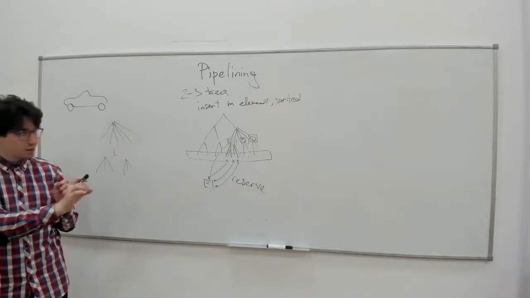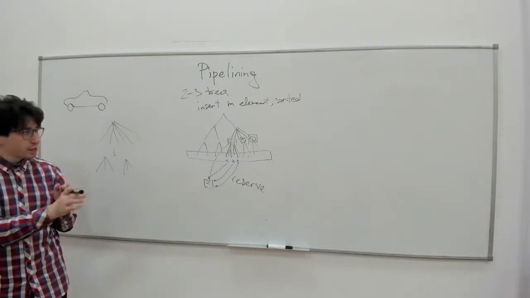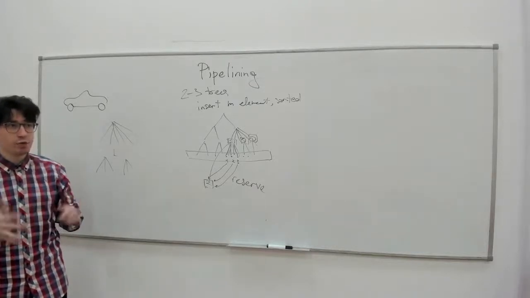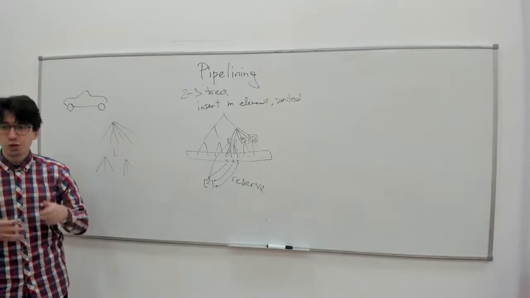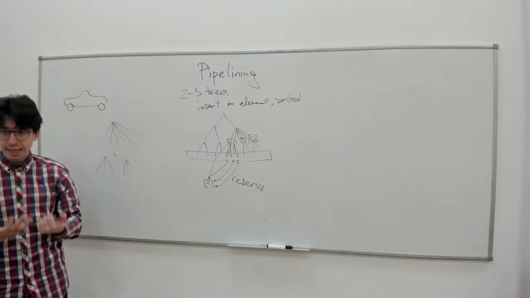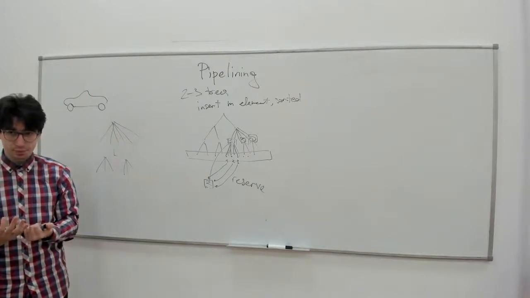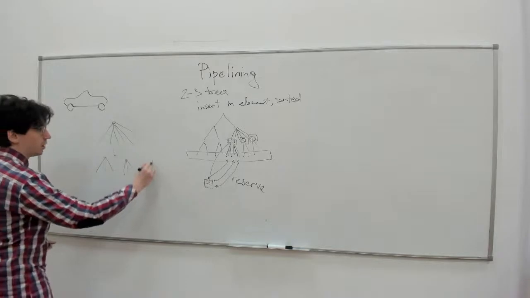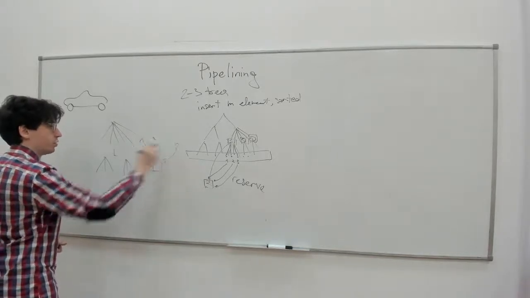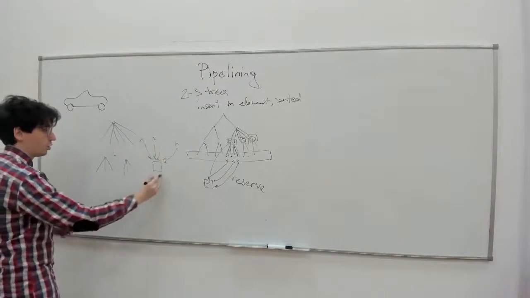This is not very good because, for example, if you have n processors and you want to write all their values to the cell, it will cost linear time, O of n.